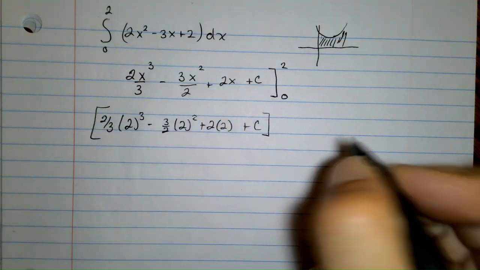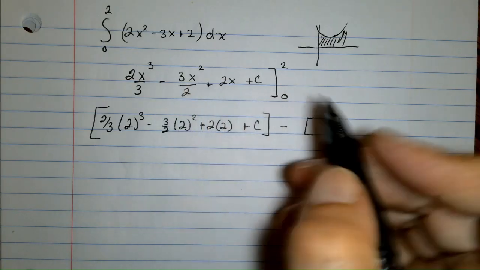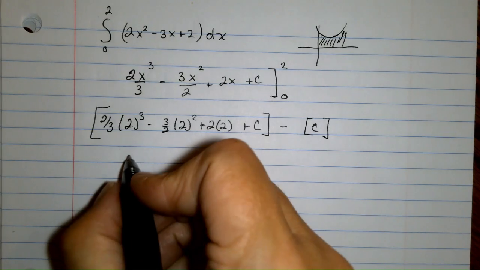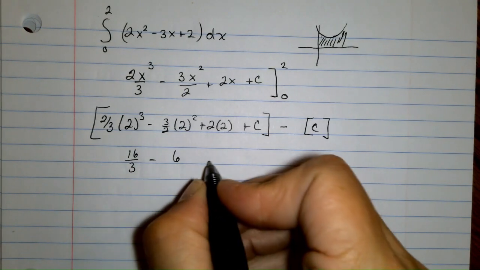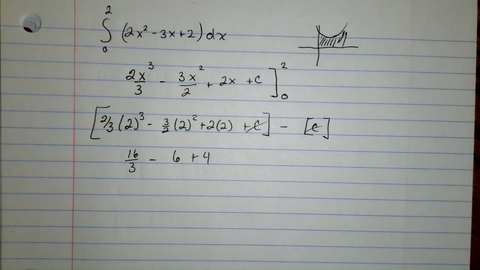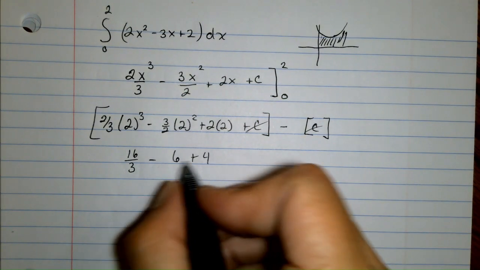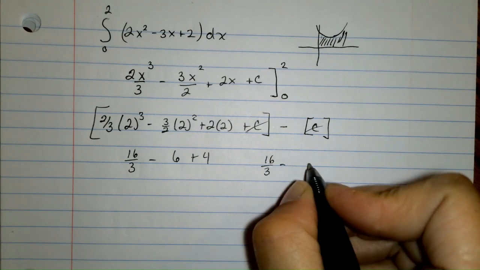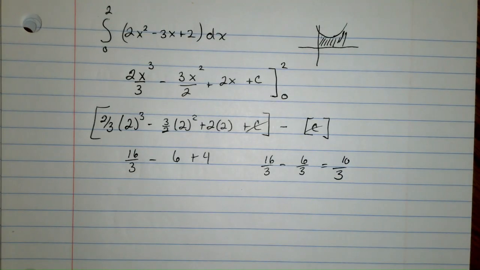When we substitute 0 into all of this, we just get c, right? Okay, so 16/3 minus 4 12/2, which is 6, plus 4, and the c's will cancel. Negative 6 plus 4 is negative 2, and 16/3 minus 2, which would be 6/3, is 10/3.